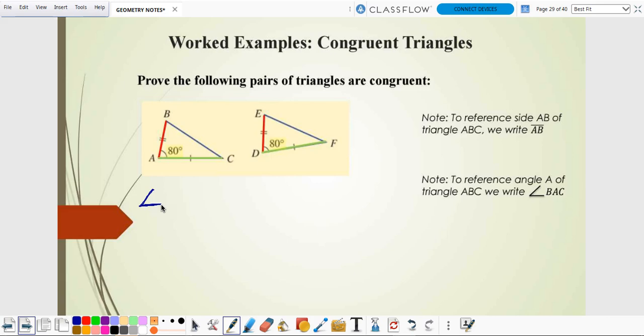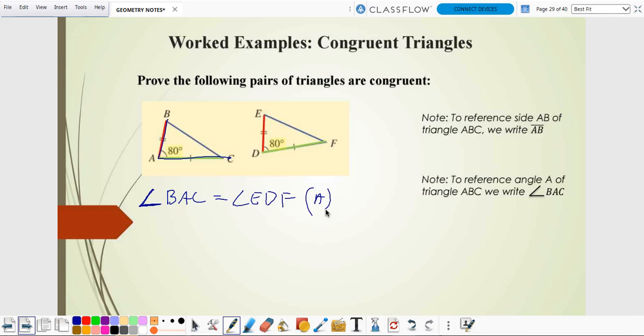So which angle should we look at? This one here, A and D. But we're not going to call it angle A or angle D. We're going to call it angle BAC. Thank you, Lily. BAC is equal to, and what is that equal to? EDF. Good, angle EDF. And you would say the test we use for that is A, because that angle is the same.